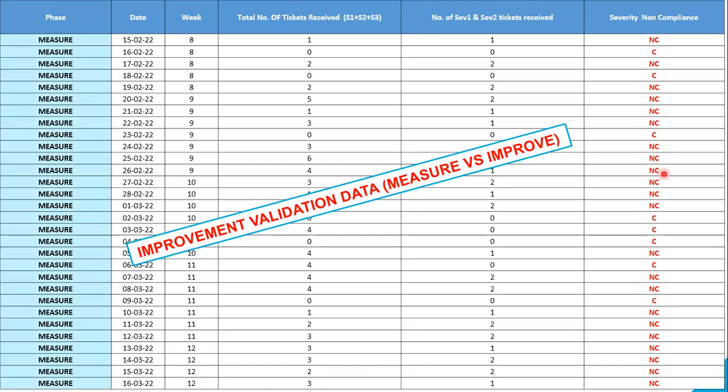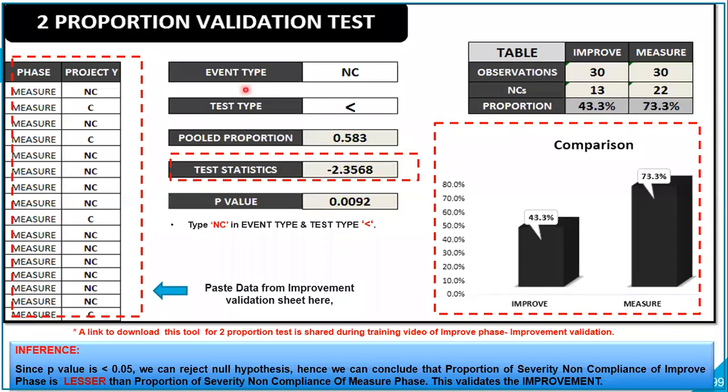We're going to pick both of these columns and paste them into the two proportion test tool. So let's go ahead and see what the team has done. Here we could see this is a snapshot, that's why we could see only measure phase over here. However, we have the measure phase as well as improve phase combined together under this column, and of course project Y here, right?